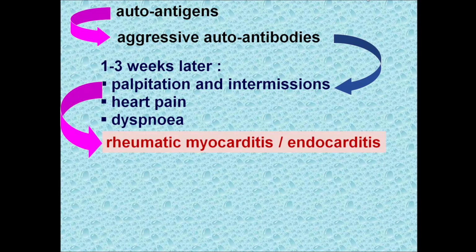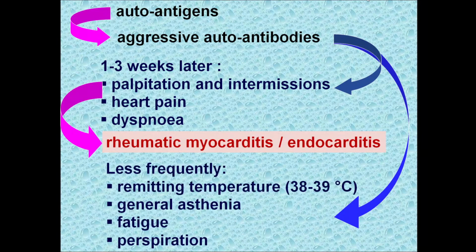Rheumatic myocarditis may disappear without any complication, but rheumatic endocarditis finishes with formation of an acquired heart defect due to pathological growth of connective tissue and narrowing of the orifice or diminished valves.